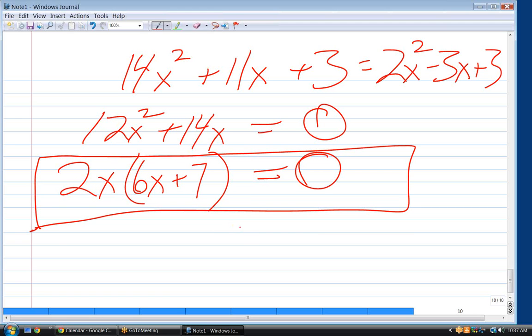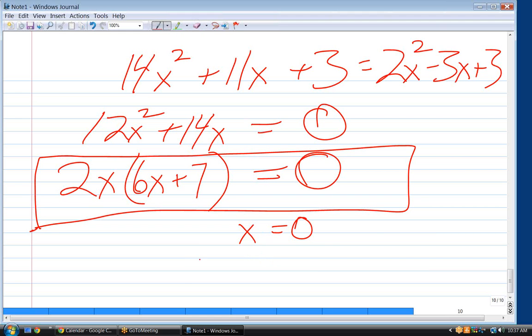That allows me to say what? 2x is equal to 0. Okay, 2x actually, but that makes x equal to 0. Or. Always look for the or when you're doing a quadratic, because you almost always have two solutions. Or x is equal to 7?